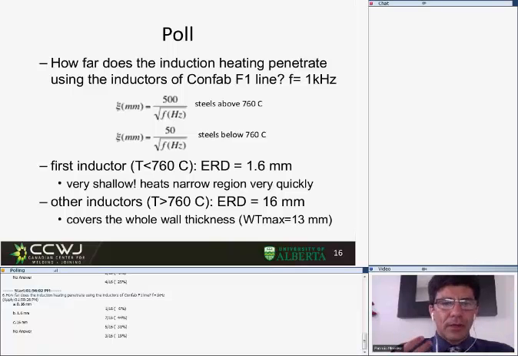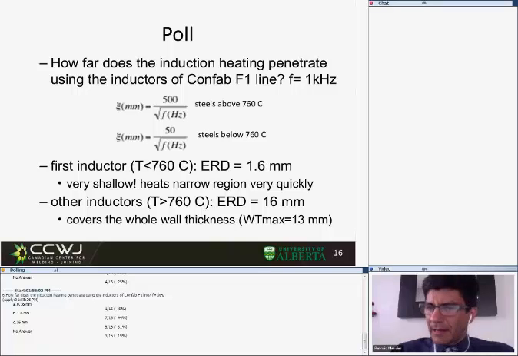The steel is non-magnetic, and the electrical reference depth becomes much bigger, a factor of 10, 16 millimeters. And so both B and C are correct answers. But the important thing to keep in mind is which inductor we're talking about. The answer A of 0.16 millimeters is unlikely to happen.